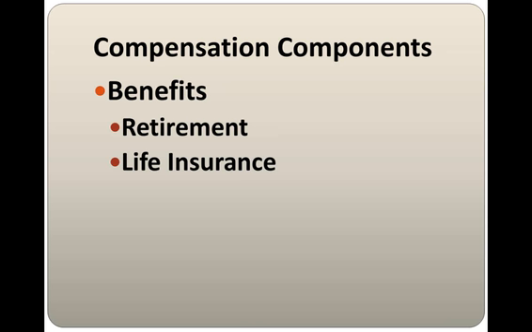So some of the tax laws that I've been told is that your church can provide up to $50,000 worth of life insurance coverage without tax consequences to your pastor. The value of the church-paid life insurance over $50,000 does have to be reported as taxable income.